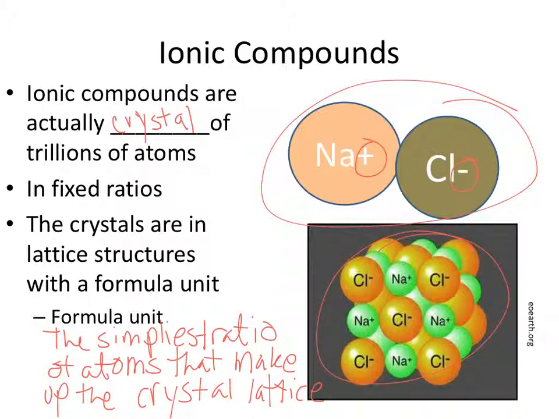Right, so that's what I was just talking about, where we have these trillions of sodium and chloride ions, but they're always going to be 1-to-1. So its formula unit is always NaCl.